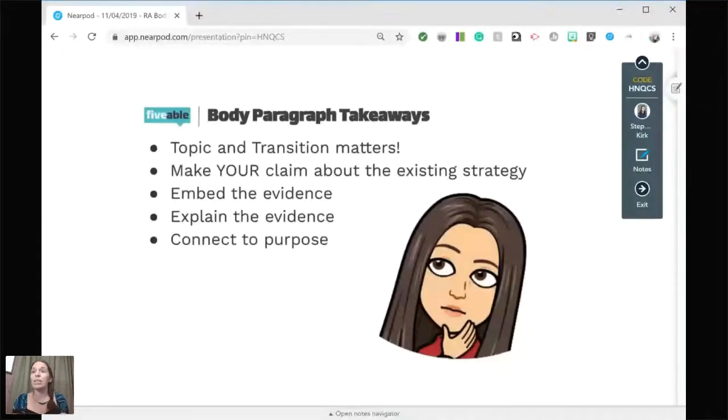Okay? So the next one is to make your claim about the existing strategy. So whatever that strategy is that's there, you have to come up with a way to include that line of reasoning. Now, I see your question over here. The question is, I'm a little confused on the line of reasoning. What does this mean? So we actually just did a webinar with College Board on Monday night, I think it was. Yes. Days kind of run together sometimes.